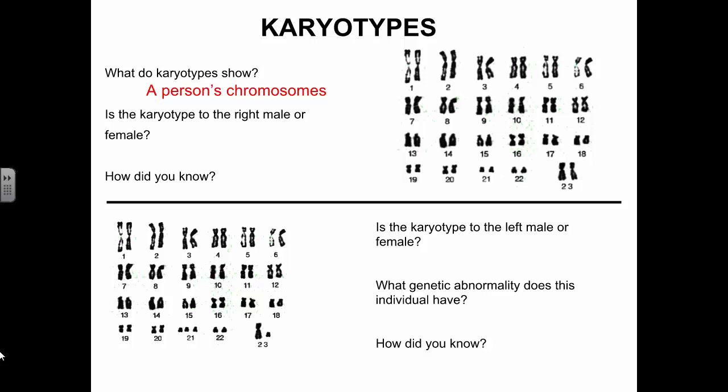So this is a female. If you look at the 23rd pair, they're both the same size, they're both X's. If one's big and one's really small, that's a male, the X and Y next to each other.